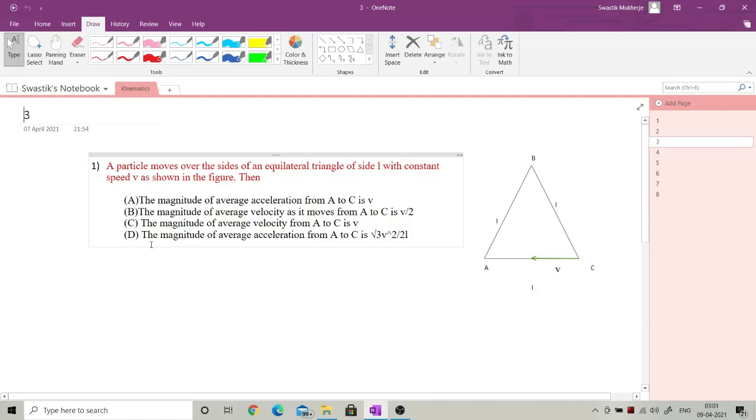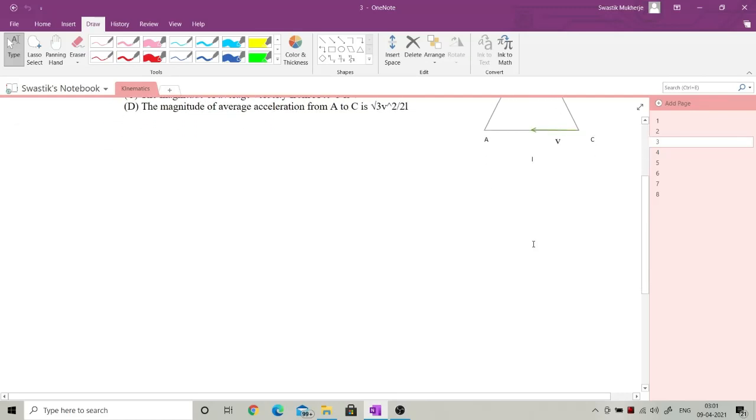The magnitude of average acceleration from A to C is V. They want the average acceleration and the average velocity from A to C. We'll calculate both. So for the average acceleration, what is average acceleration? It's final velocity minus initial velocity by time. Now what is the final velocity?